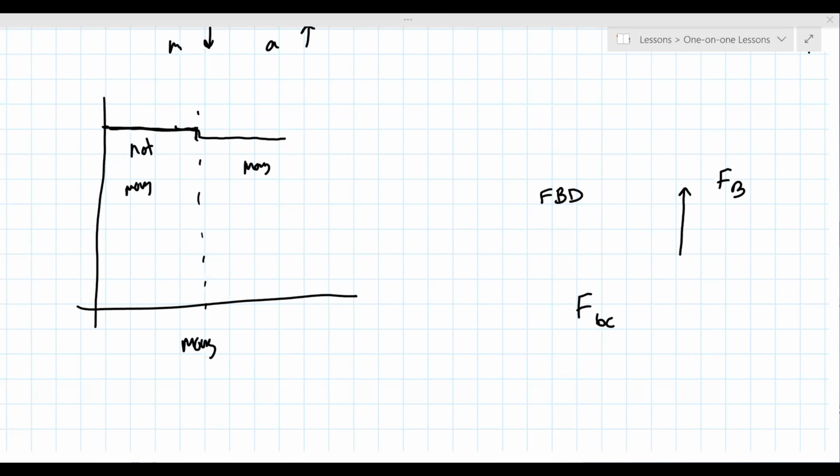All right, so I pulled up the problem on Chegg. Let's see what it says here. So they say it's just T1, I guess they're referring to the tension.